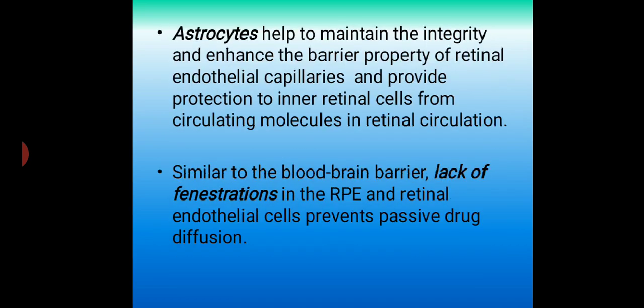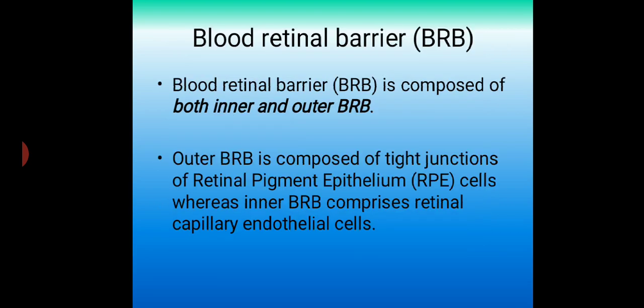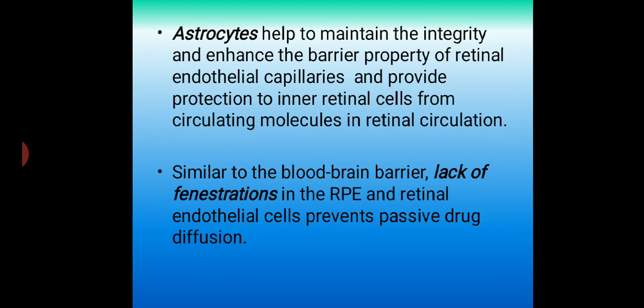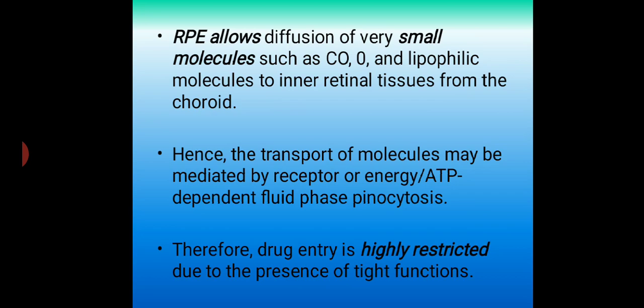So this makes the main characteristics of the barrier, especially the astrocytes and the lack of fenestrations and the retinal pigment epithelium and the capillary endothelial cells. All these cells play a major role in the formation of the blood retinal barrier.